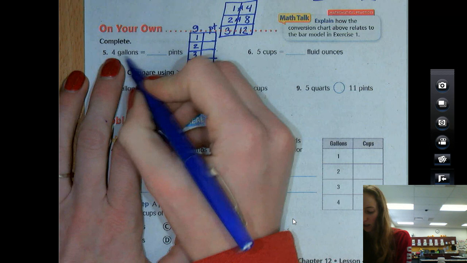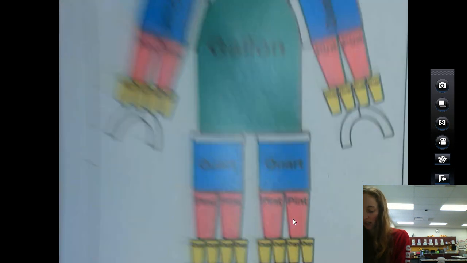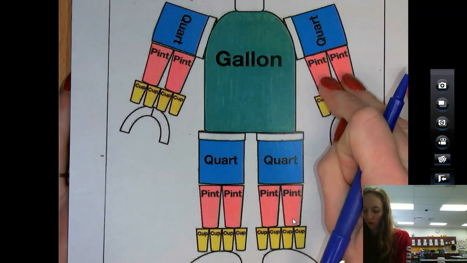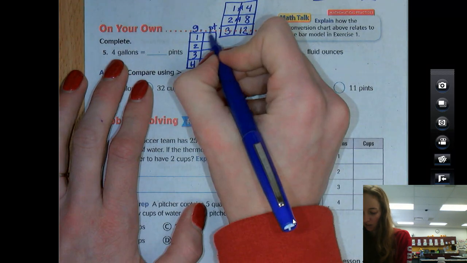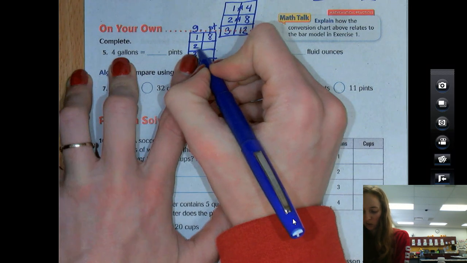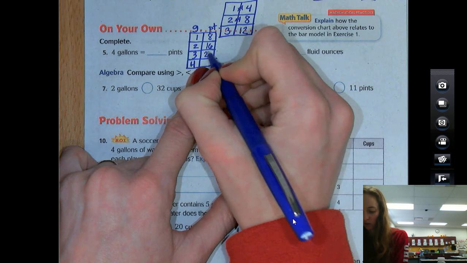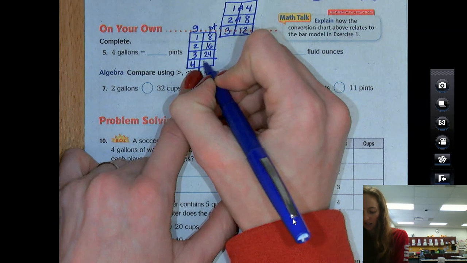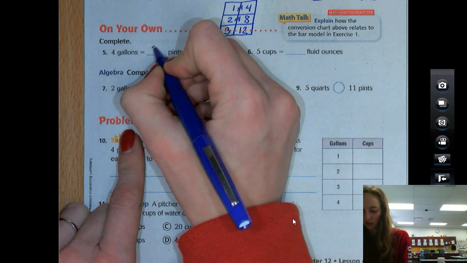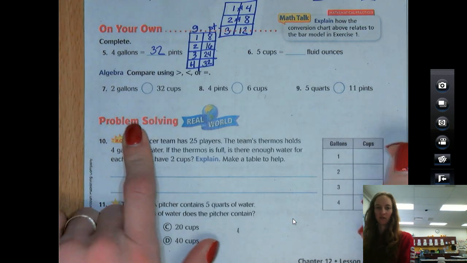In 1 gallon, we just counted my pints, count them again. 2, 4, 6, 8. In 1 gallon, I have 8 pints, so it's times 8. 2 times 8 is 16. 3 times 8 is 24. 4 times 8 is 32. So that'd be 32 pints.